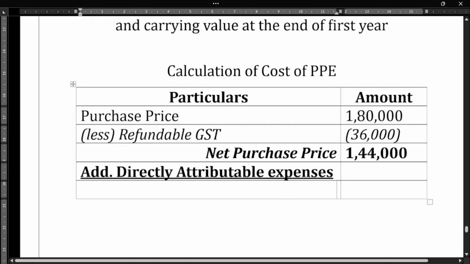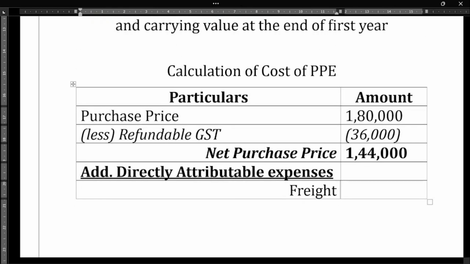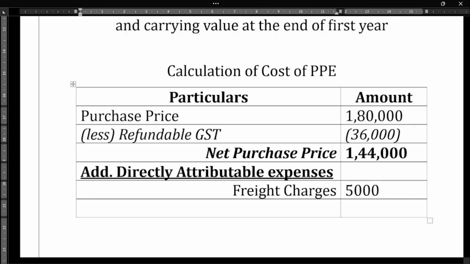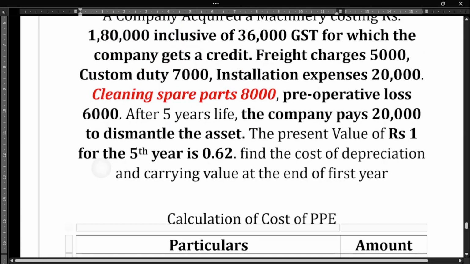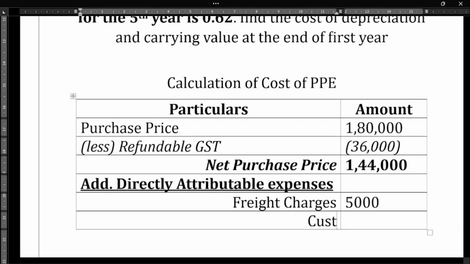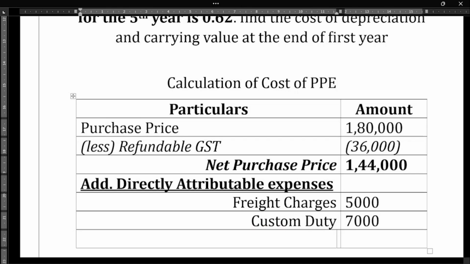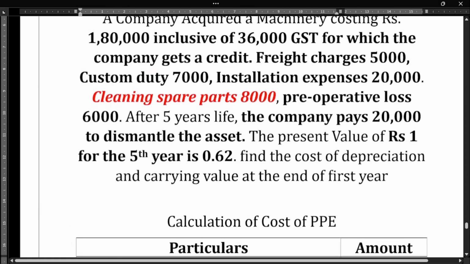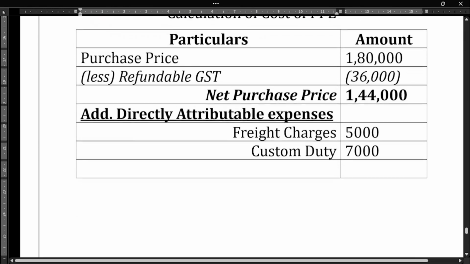Freight charges are 5,000 rupees. Next we are having custom duty, 7,000 rupees. After that we are having installation expenses, 20,000.